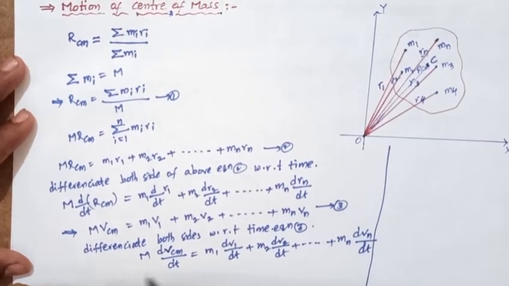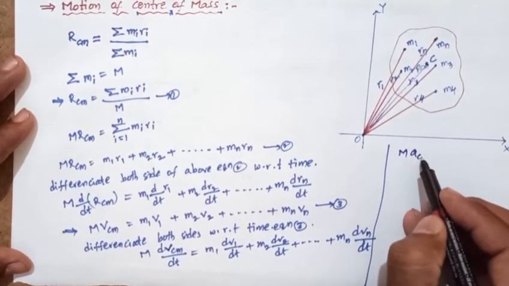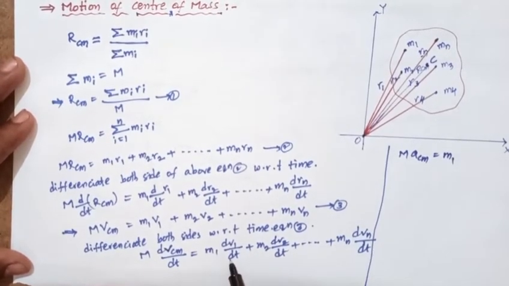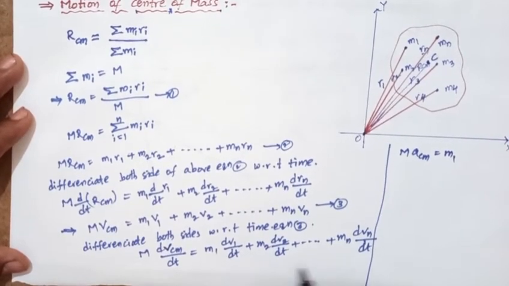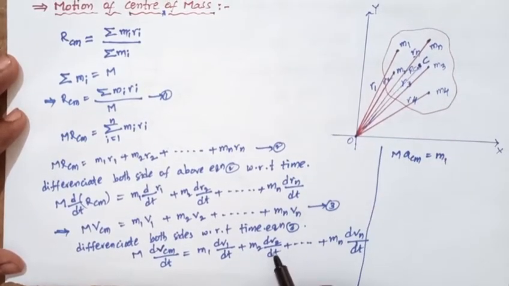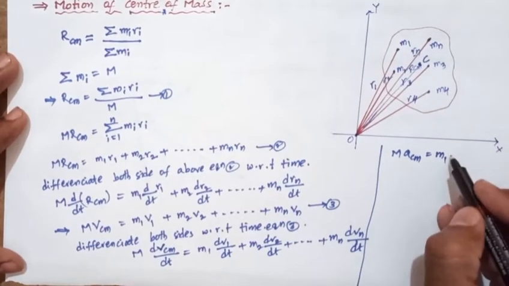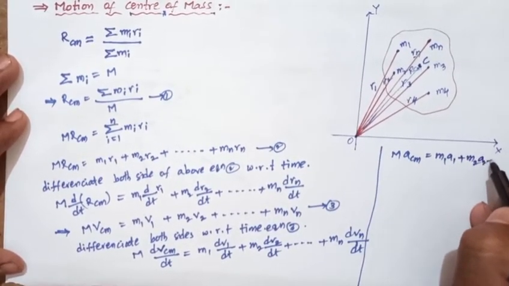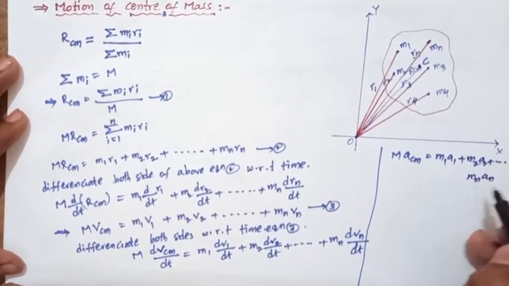So it is written as the acceleration Acm: M Acm equals m1 times dV1 by dt, which is the acceleration of the first particle, then the acceleration of the second particle, up to the nth particle. So m1 a1 plus m2 a2, and so on, plus mn an.